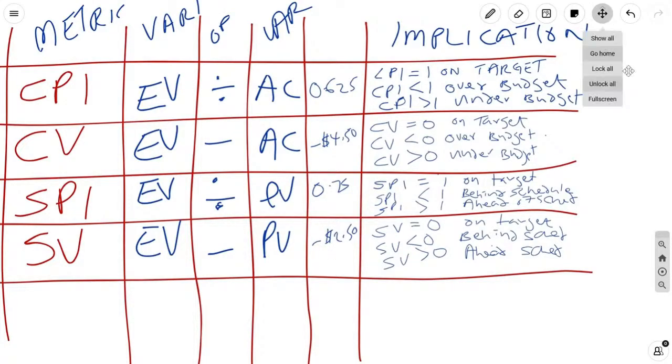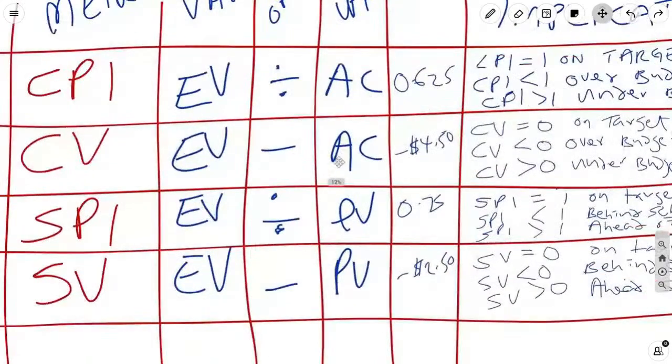Now, if someone asks you which of these is the best measure of absolute performance, it will always be the indices, because even though you understand the context of this number because you have the budget at completion, you may not have that in a question.